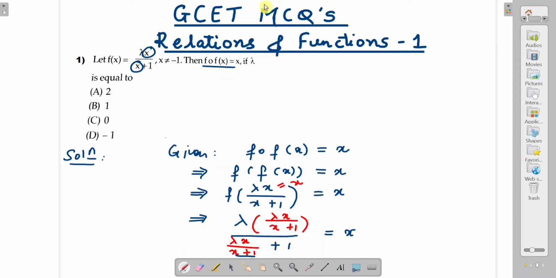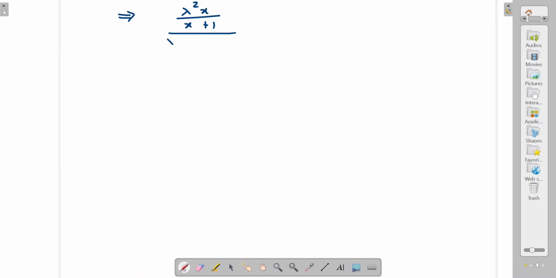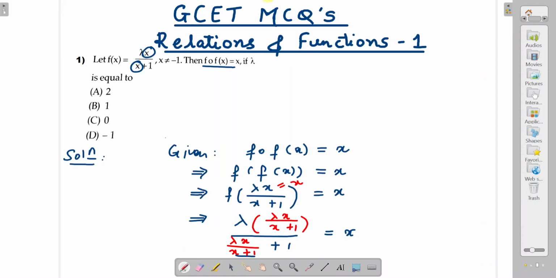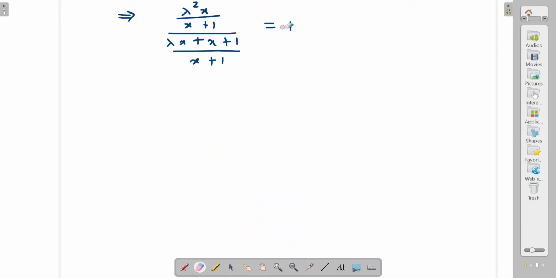So you will get λx plus x plus 1, and then it is divided by x plus 1, and this is equal to x. Now we can cancel x plus 1, right? So we will get λ²x divided by λx plus x plus 1, and that is equal to x.